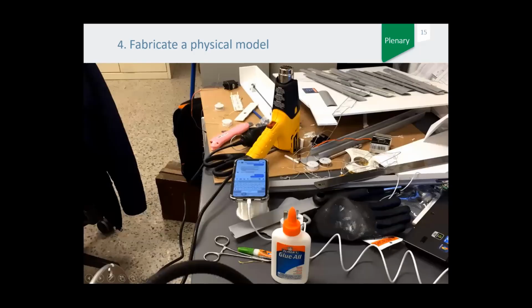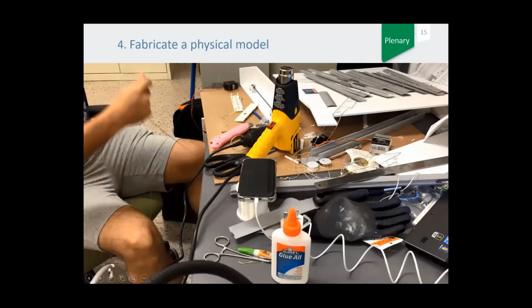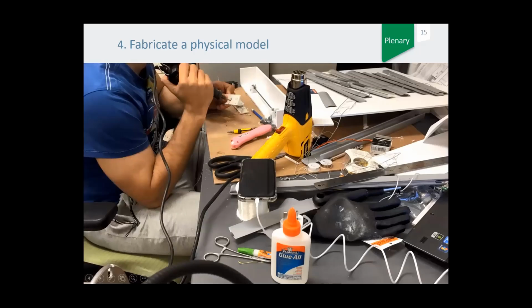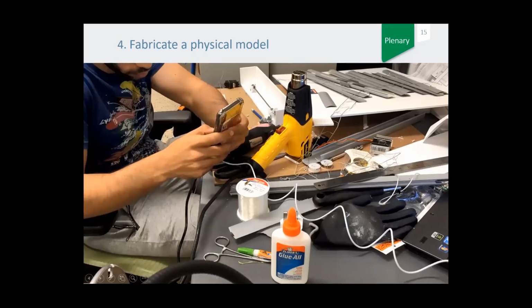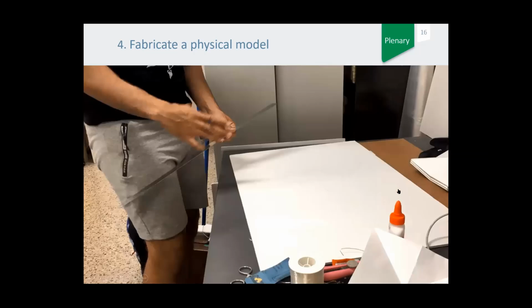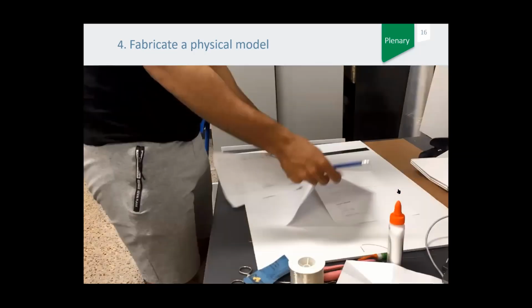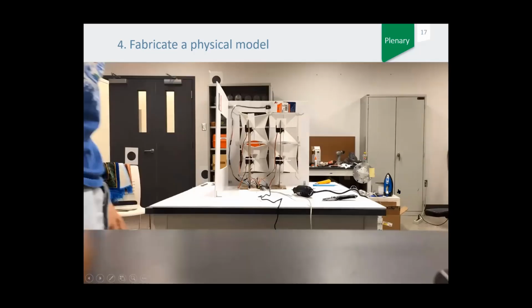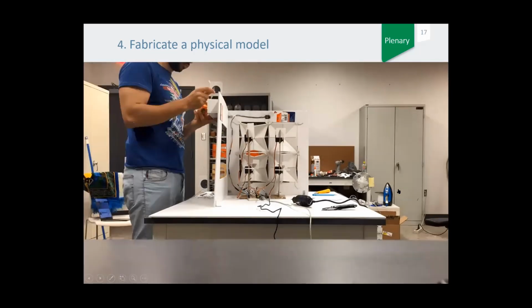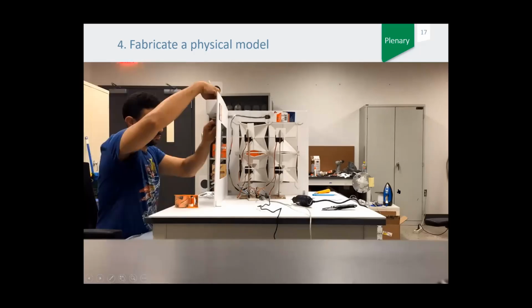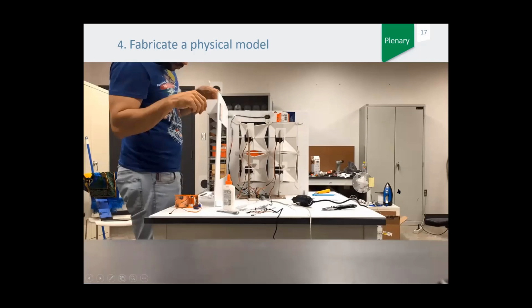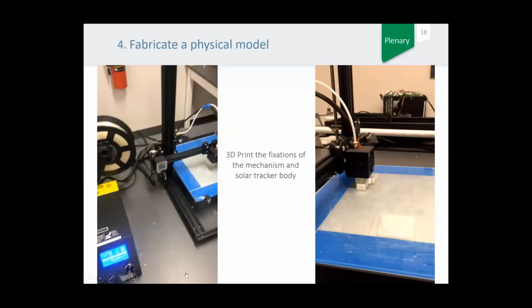Here I'm editing the mechanism of the blind, and here I'm making the videos of the panels. Sorry if the videos are lagging because of the connection. Here's the last piece of the fabrication: the fixations that are 3D printed.